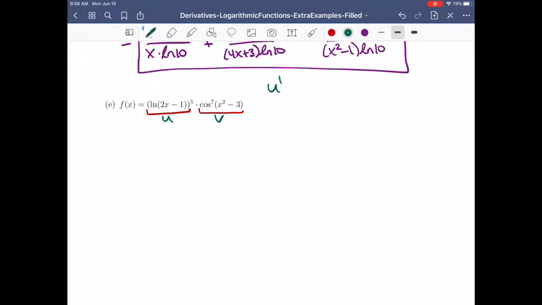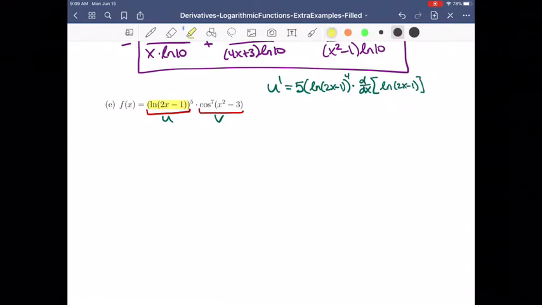Okay, so when we do u prime, I have a multiple chain rule. First, my first inside bit is this ln of 2x minus 1 in power 5. So the outermost derivative is 5, that inner bit to the power 4, but then I need to multiply by the derivative of the inner bit.